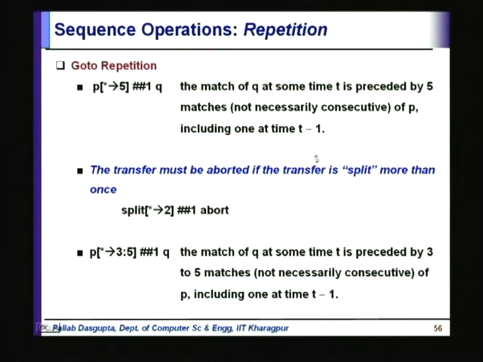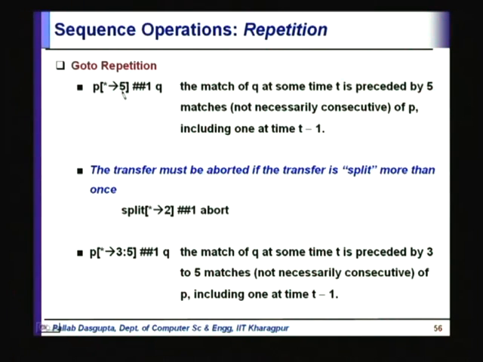Now, compare that with another repetition, the go to repetition. What this says is that P[->5], the match of Q at some time t is preceded by 5 matches. So, we must have 5 matches of P before we get Q, but those 5 matches need not be consecutive matches, right.